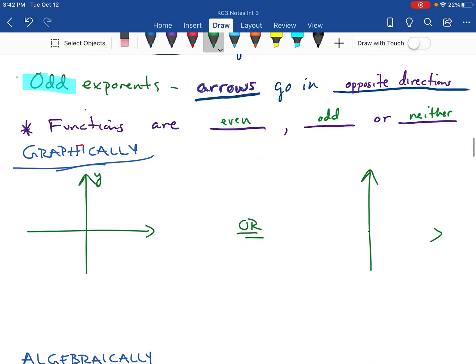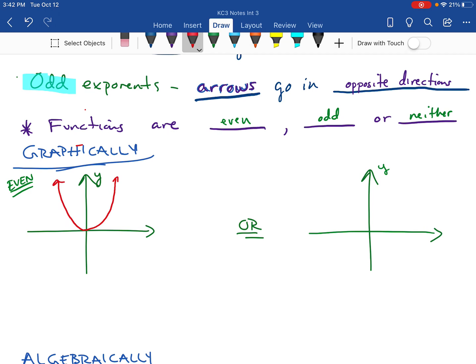So the first one is graphically. So if I have a graph here, now I want to show the even function. Now we already know that an even exponent will look like this.